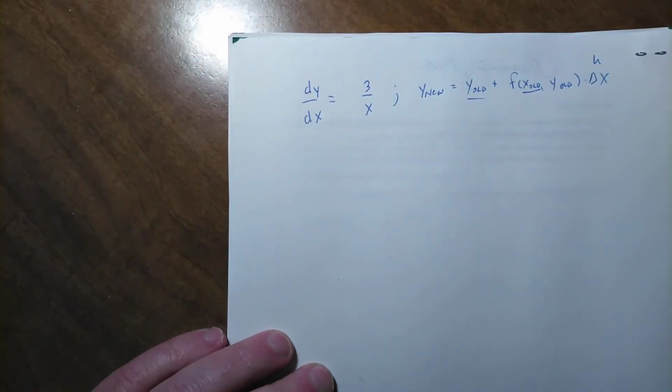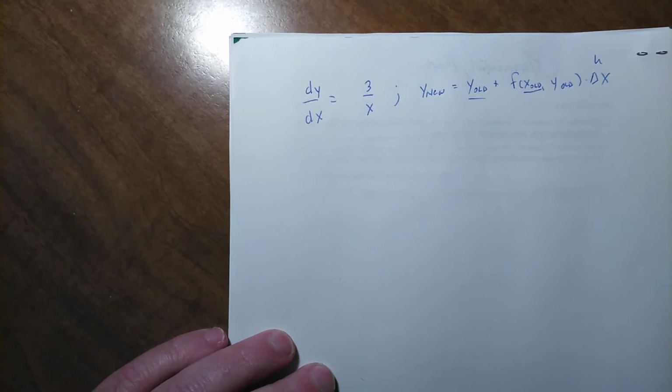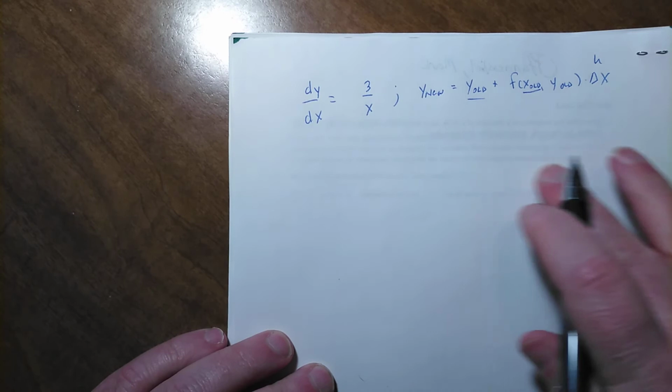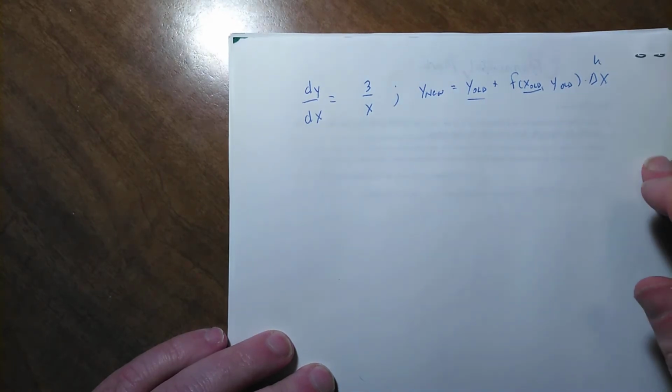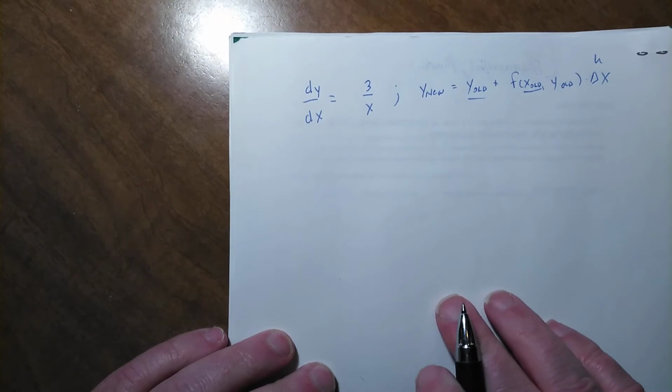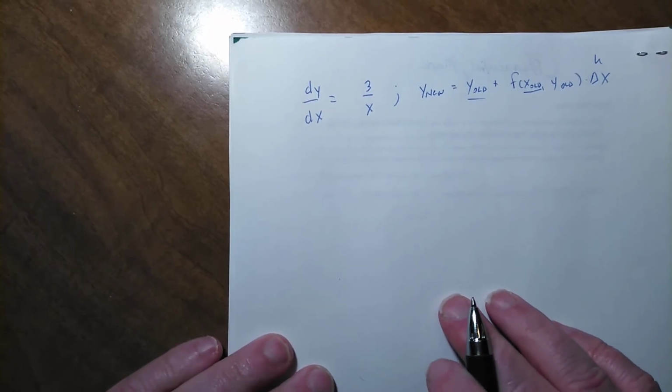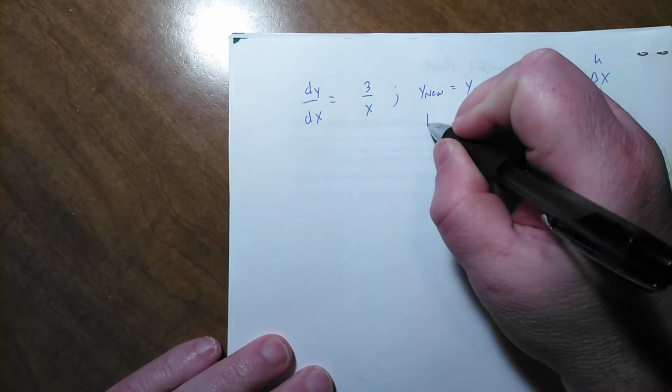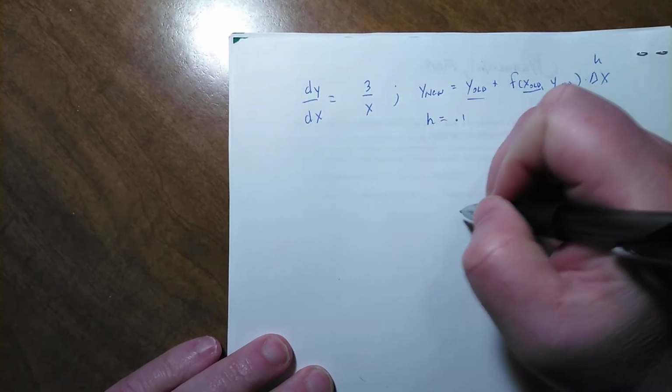And pretty much we're just going to set this thing out, so we're going to try to make this as easy as possible to just kind of move forward in the table until we get to our y new, which we're going to replace in here, and then we're going to repeat the process over and over and over until we get to the right spot. Now, your book likes setting h to be 0.1.